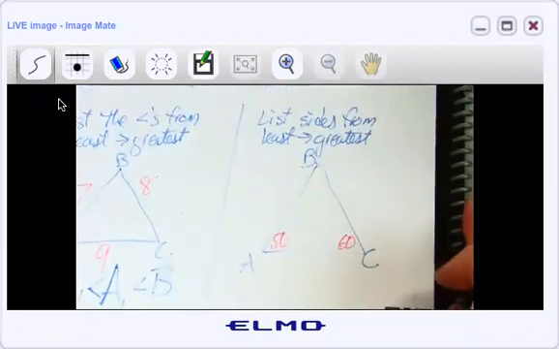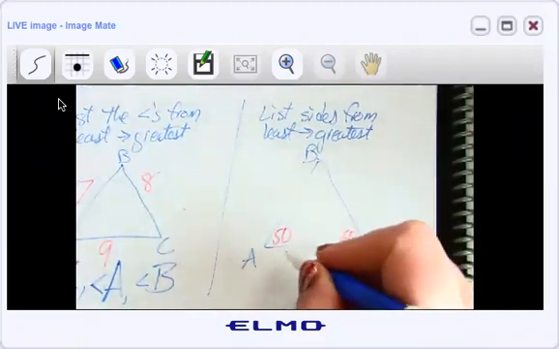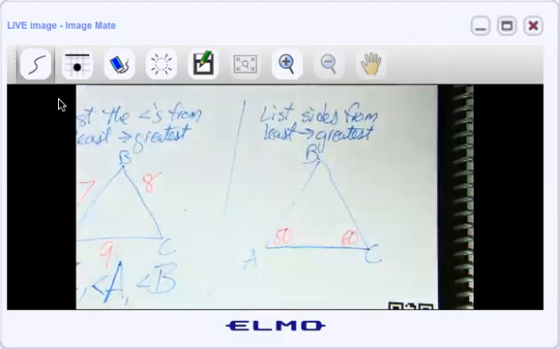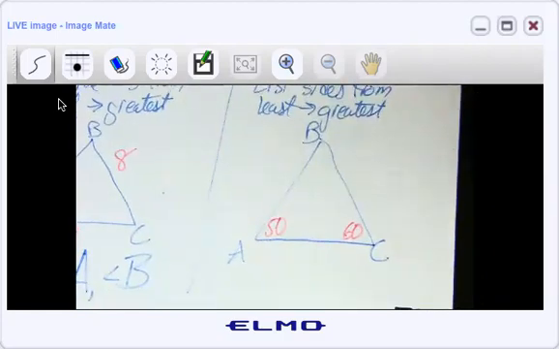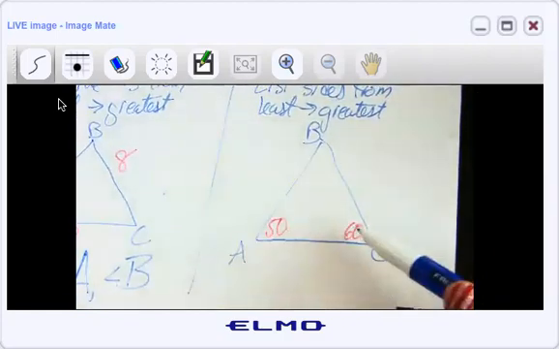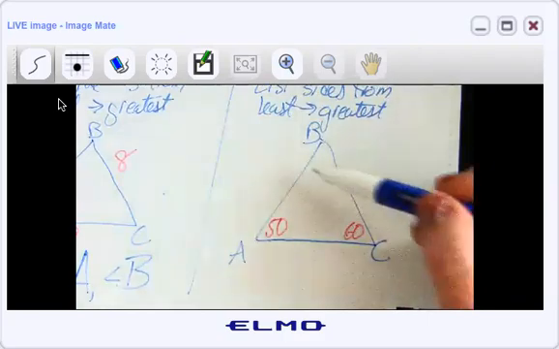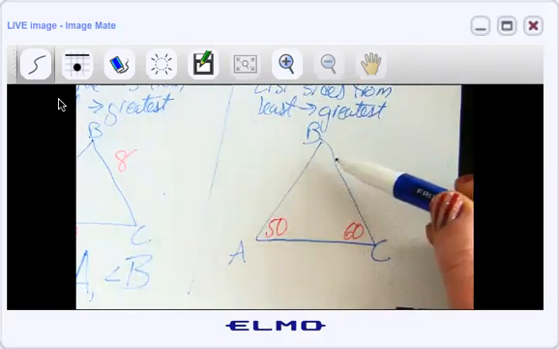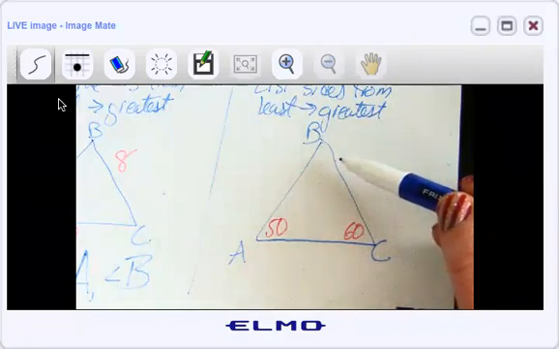Now, you can't even begin this one until you figure out what the missing angle is. So I'm hopeful that you did that. If I have angles of 50 and 60, you need to take a minute and figure out what this angle is. Because remember, we can't go off of looks. We have to go off of the numbers.